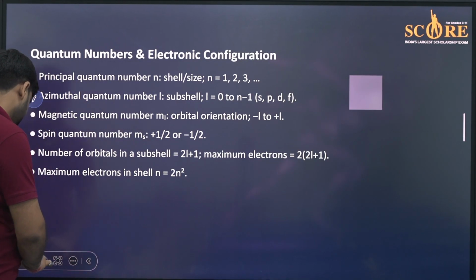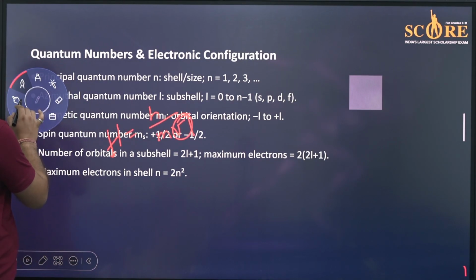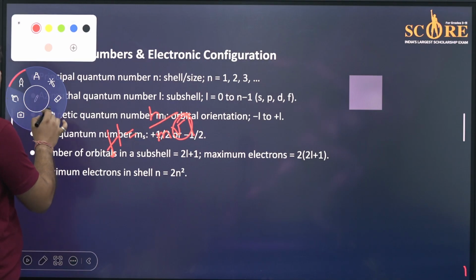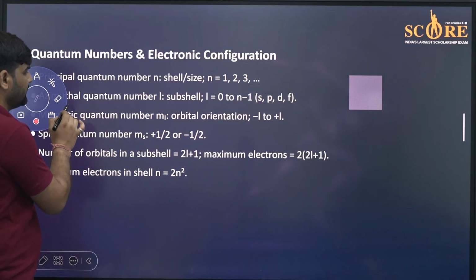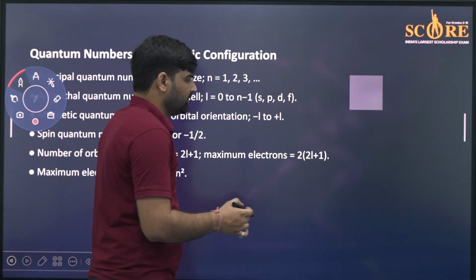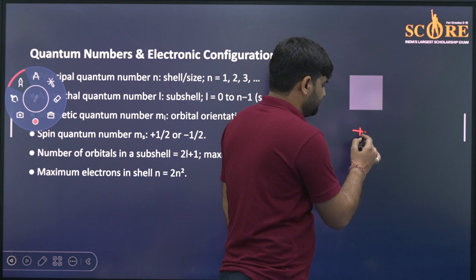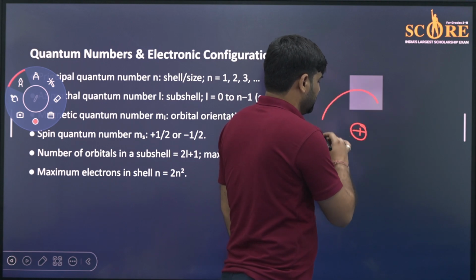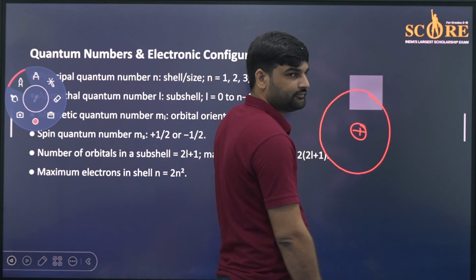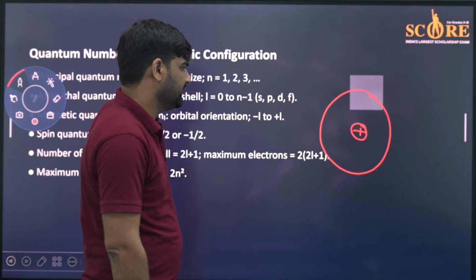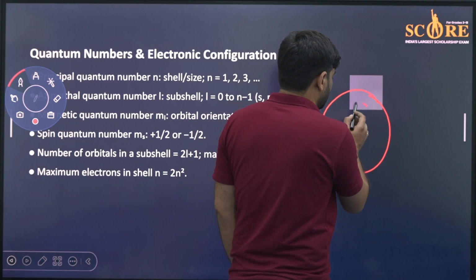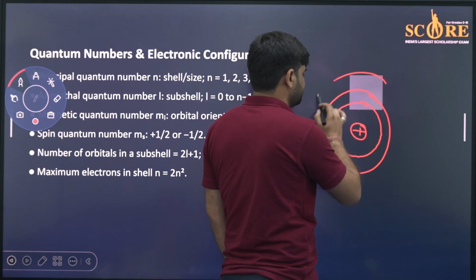For that, you have to understand something like this. This is the nucleus and this is an atom. This is the nucleus, this is the atom, and there are different shells.